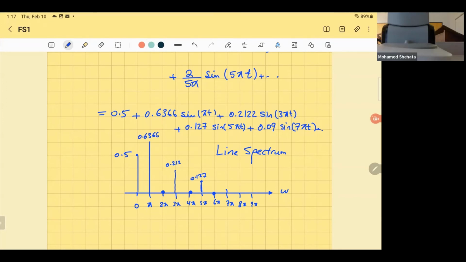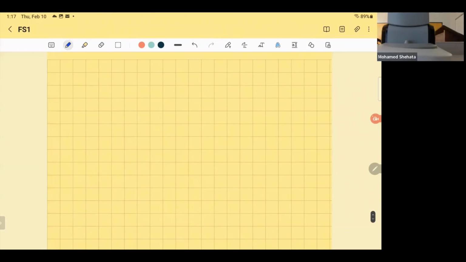We'll take more examples because that was a simple example, but sometimes it's very involved. And I want to tell you how you can convert, because you have sine and cosine. There is a way to make it only one term. But let me first write the trigonometric Fourier series, the traditional one that we did.